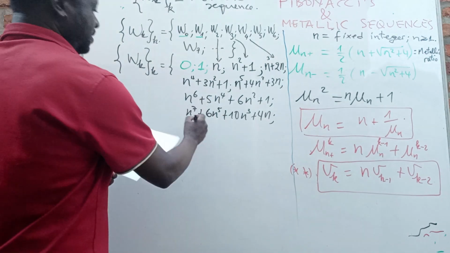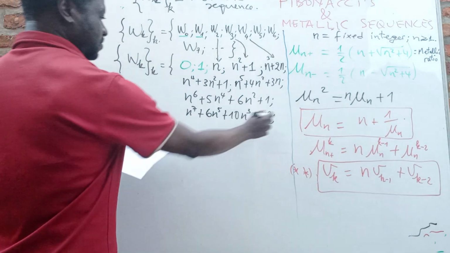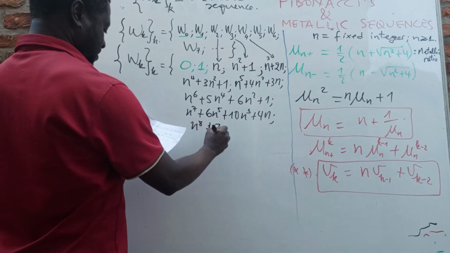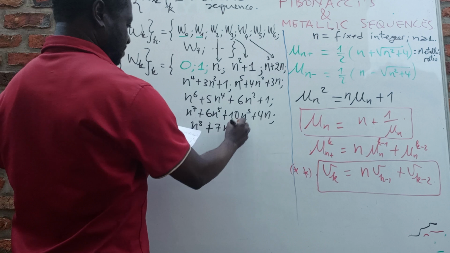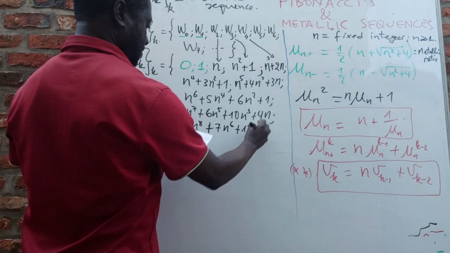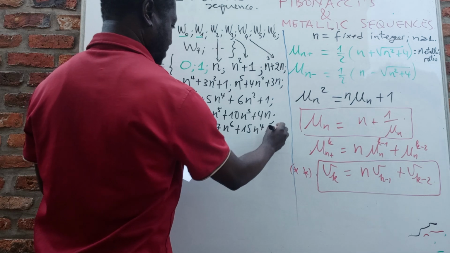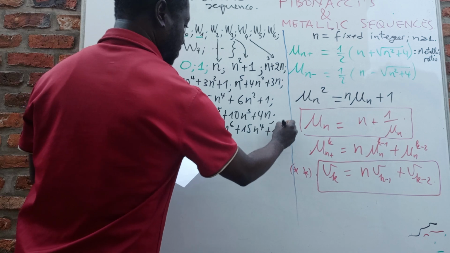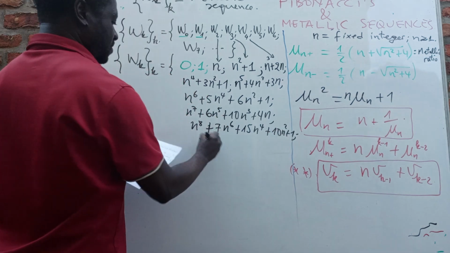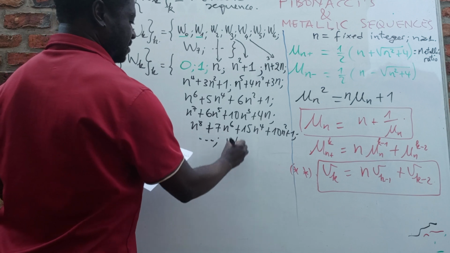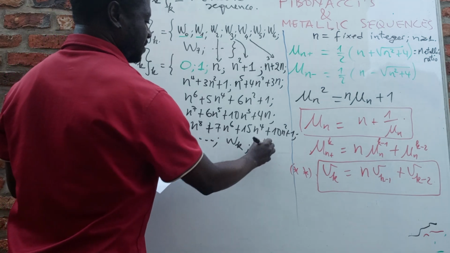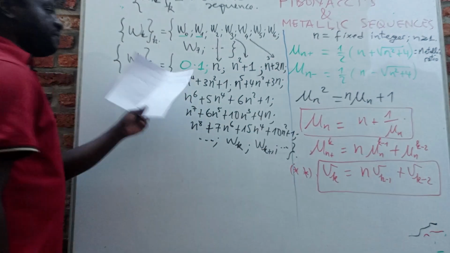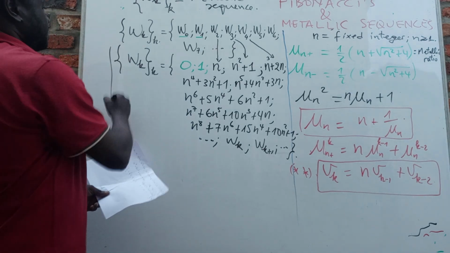So w9 is going to be equal to n power 8 plus 7 n power 6 plus 15 n power 4 plus 10 n power 2 plus 1, and so on and so forth until we get some term wk plus 1, wk plus 2, and so on. And we have a few first terms in this case.